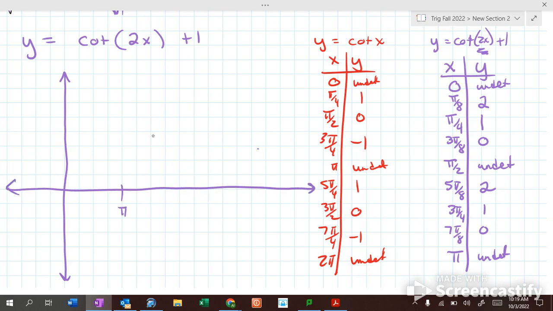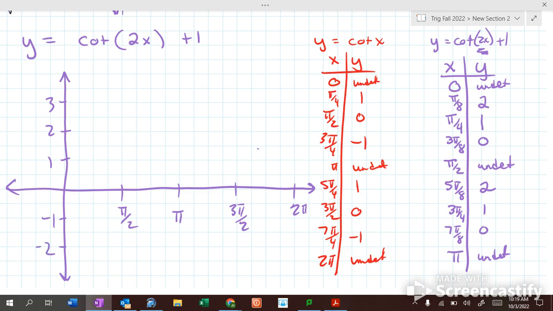So pi over 2, pi, 3 pi over 2, 2 pi, 1, 2, 3, -1, -2.